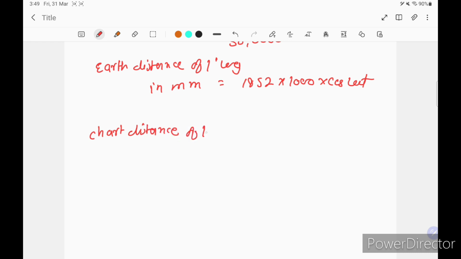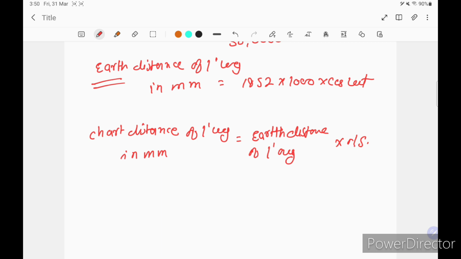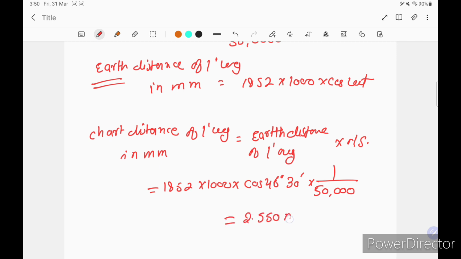Chart distance of 1 minute longitude in mm is equal to earth distance of 1 minute longitude into natural scale. Okay, so put the value in the formula: 1852 into 1000 into cos 46 degrees 30 minutes into 1 raised to natural scale. Okay, so we get the value 2.550 mm.